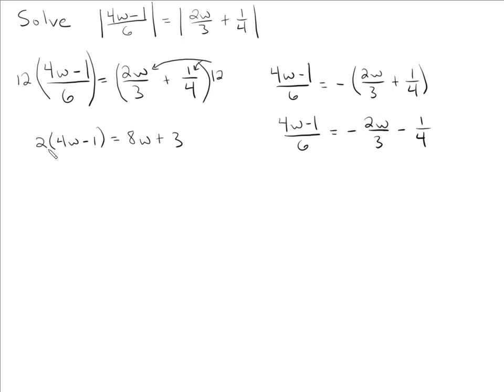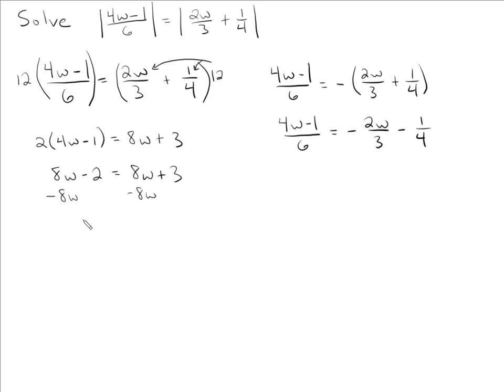This one we can just solve as usual. So we're going to distribute this 2 first. Okay, then notice that our next step, we're going to have to subtract 8w from both sides.